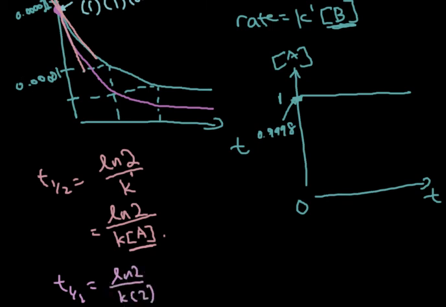But for the first reaction, which is the blue reaction, T half equals ln 2 over K times 1.